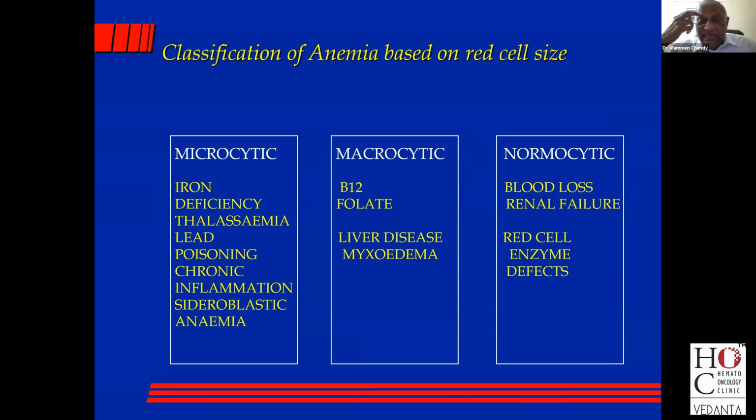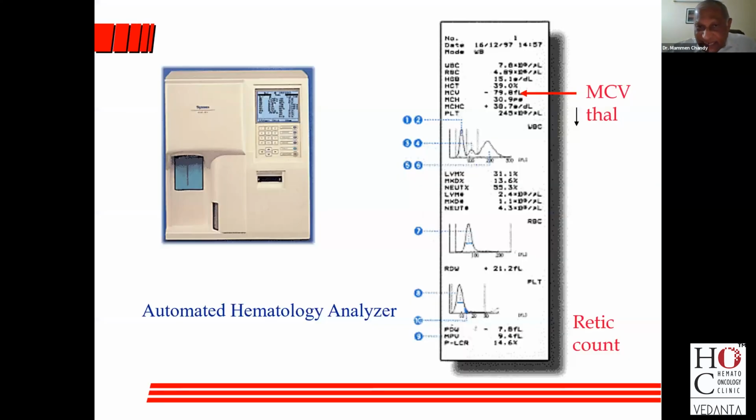Liver disease and myxedema can also cause a large red cell. Normocytic, the main condition you need to think of is blood loss, but it can also occur in renal failure and in red cell enzyme defects. So essentially, the approach is based on red cell size.